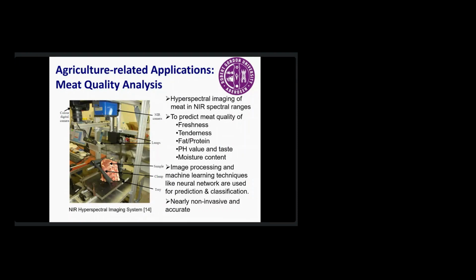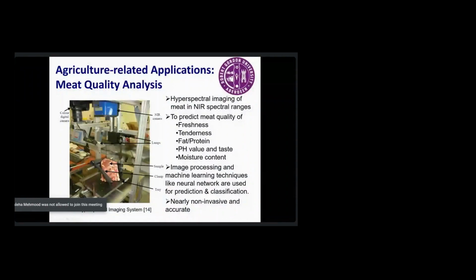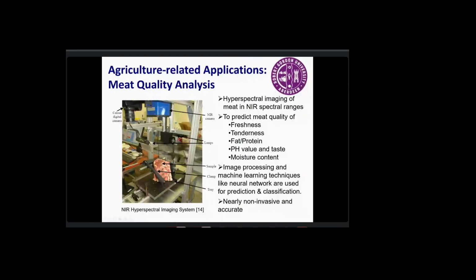If you're interested, you can go have a look. That also shows a very high level of consistency for meat analysis using the hyperspectral imaging sensors. Especially for the freshness and the pH value, fat, protein, and also the tenderness can be very accurately measured using the spectral camera.